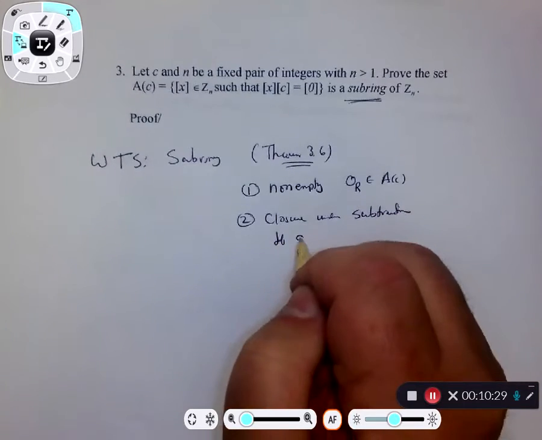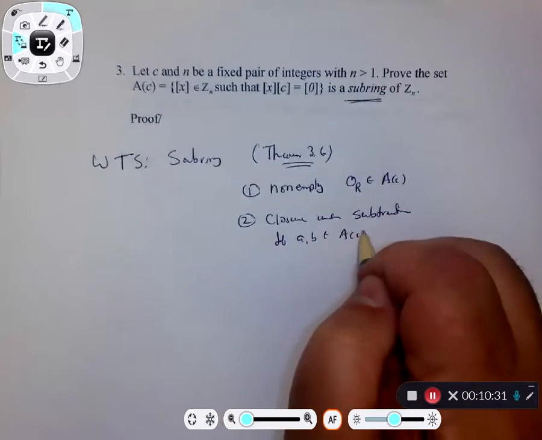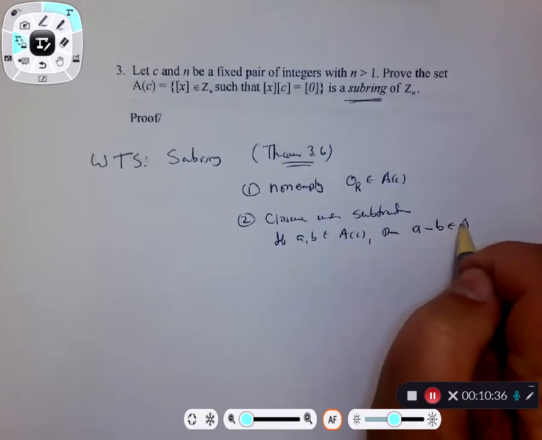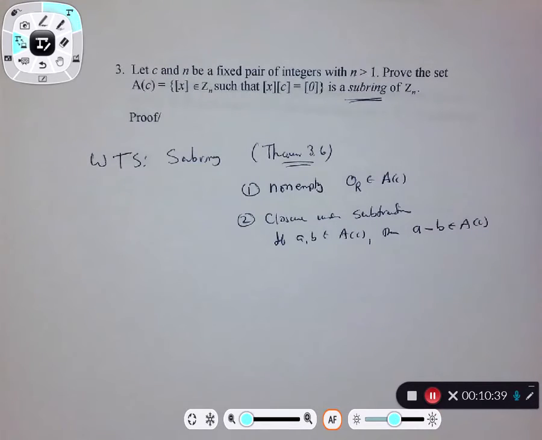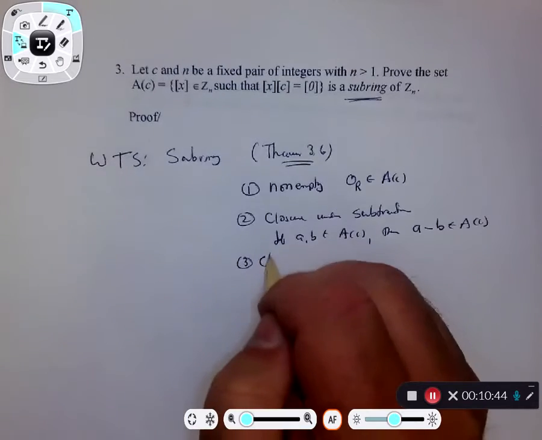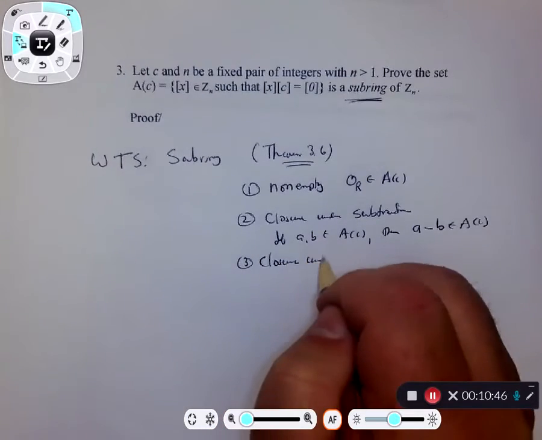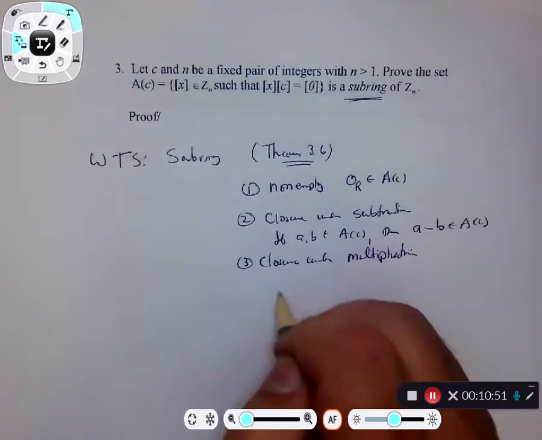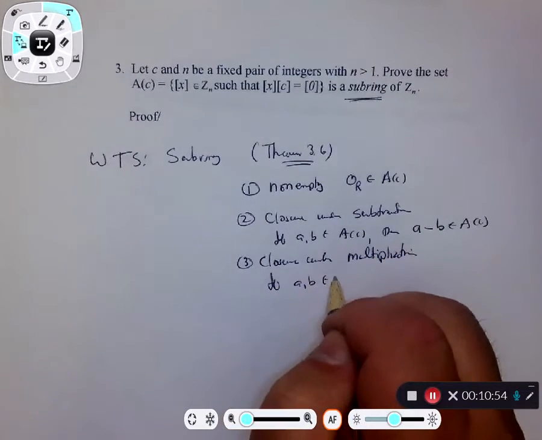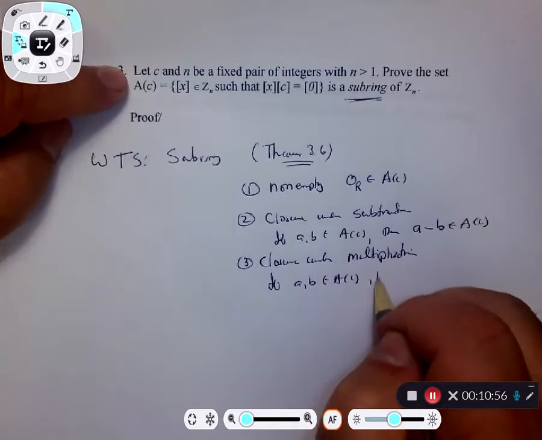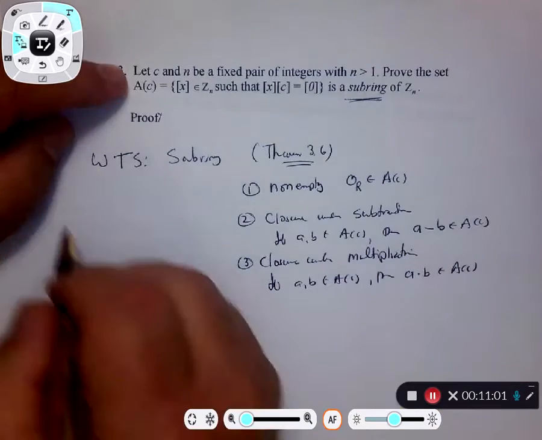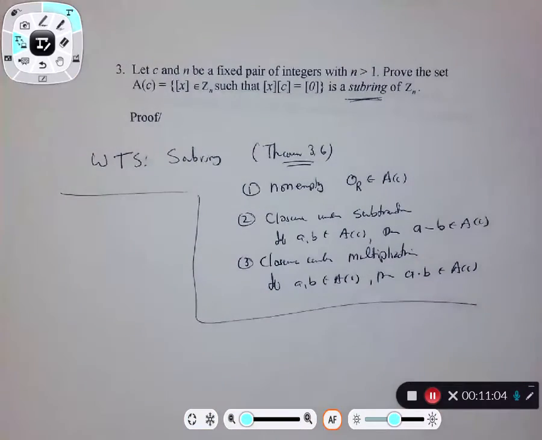That means if A and B are elements of this AC, then A minus B is an element of AC, because we define subtraction as adding the additive inverse. And the third thing you want to do is show closure under multiplication. That means that if A and B are elements of this set AC, then A times B has got to be an element of AC. Now that's basically the idea of how to show a subring.